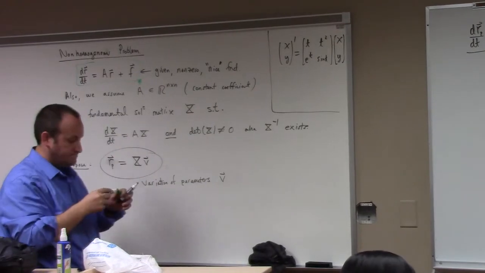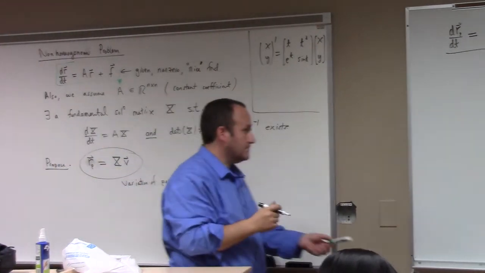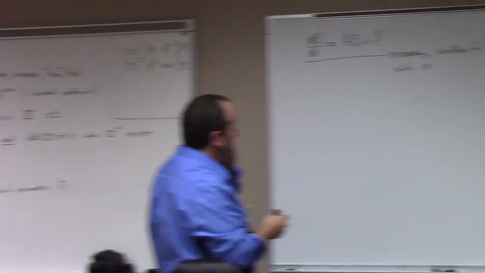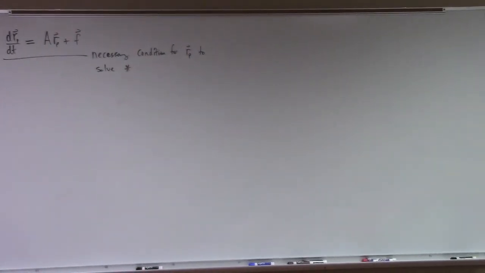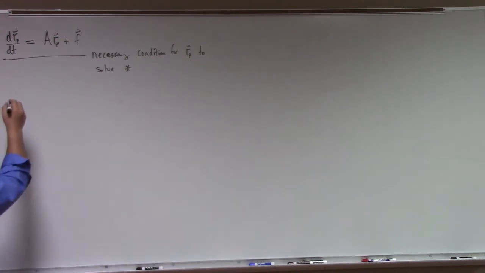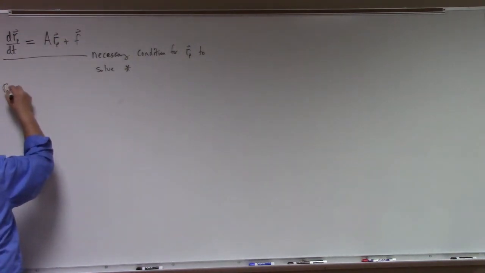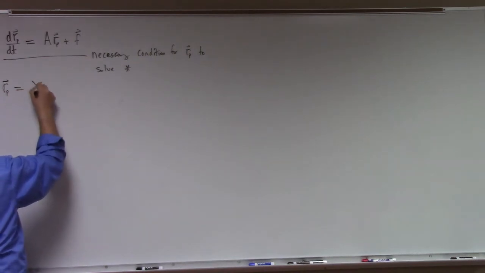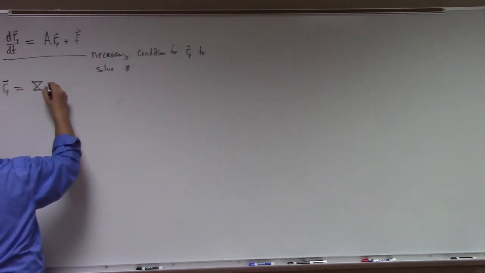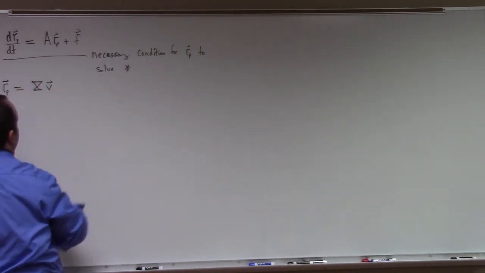All right. So then what? Well, now we put in the guess, right? What was the guess? The guess was that r_p can be written as the fundamental solution matrix x times v, which we don't know.